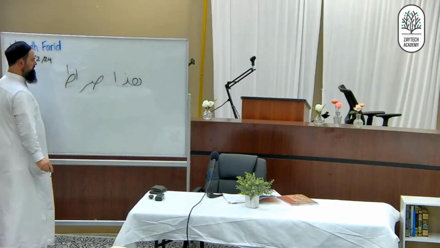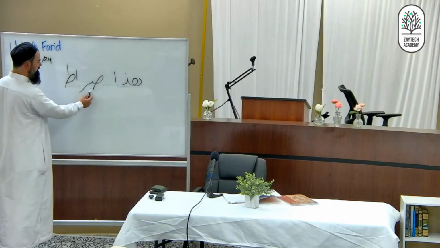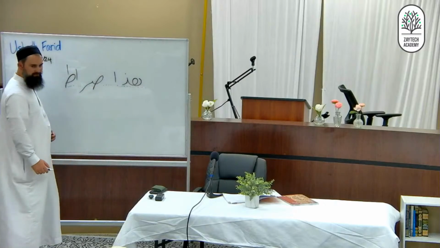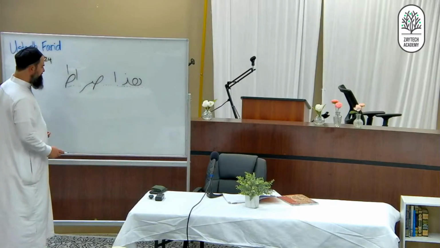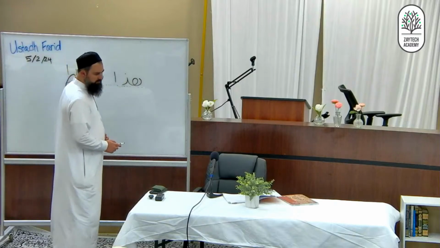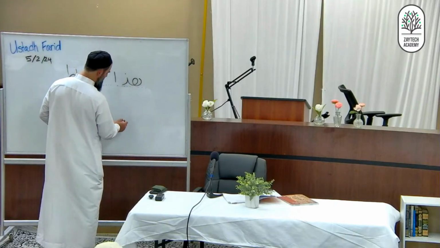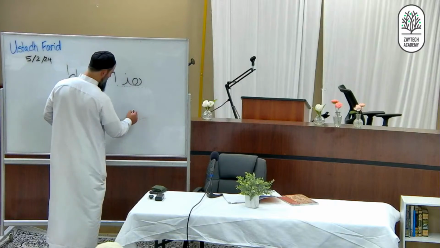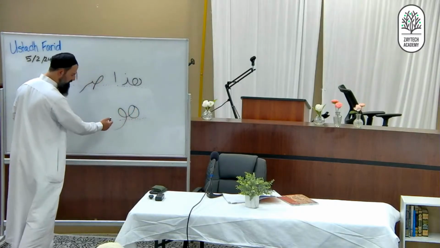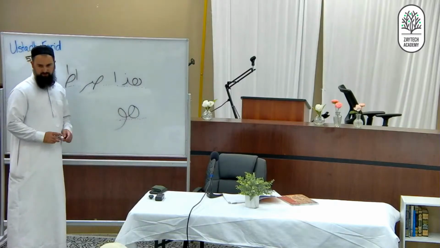Okay? So this ra can go down, but this cannot go down beneath the line. Huwa, the wow can go down. Here's my dotted line, ledger line. Huwa, right? This is going to go down, but the ha is not going to go down.